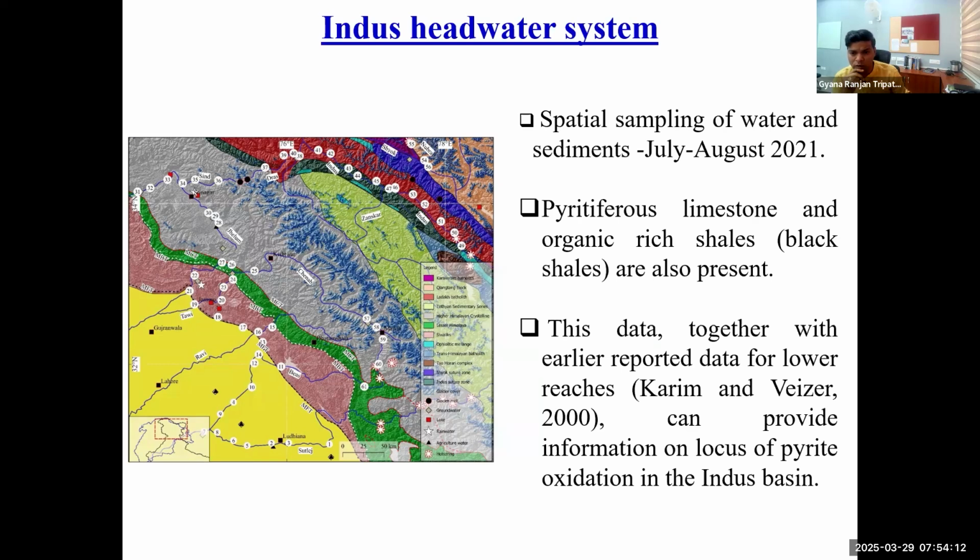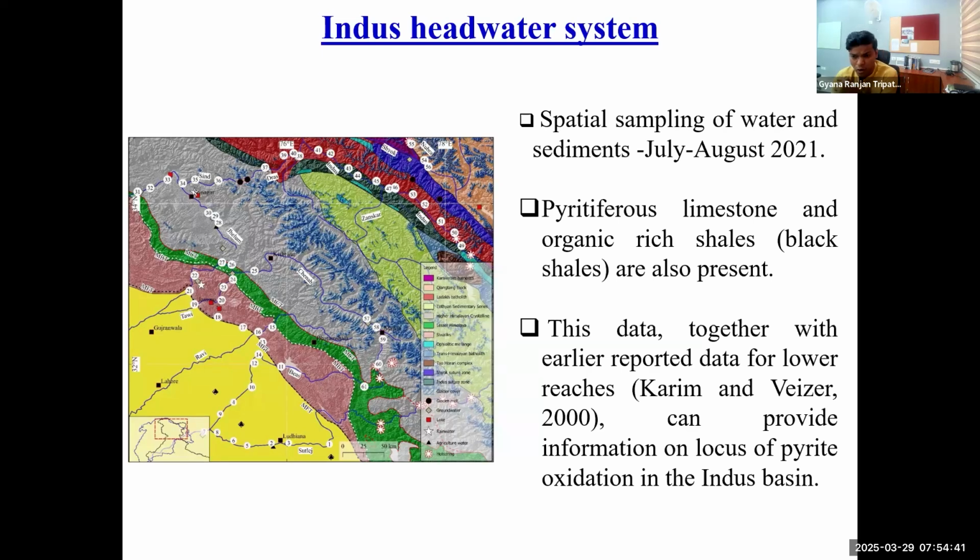And to do that, what we have done is we have collected all the rivers that flow, all the Indus headwaters and major tributaries, hot springs, groundwater, seawater, every possible water supply through which we can receive sulfate in the river basin, during July-August 2021, particularly in the monsoon season. We have collected all these samples for multiple rivers.